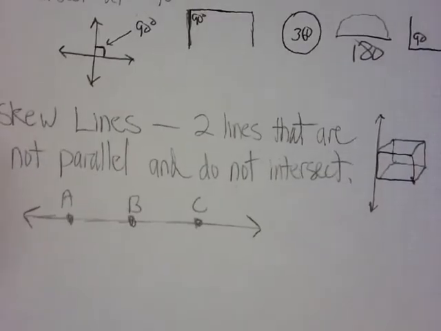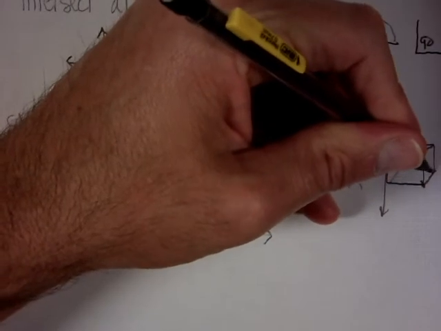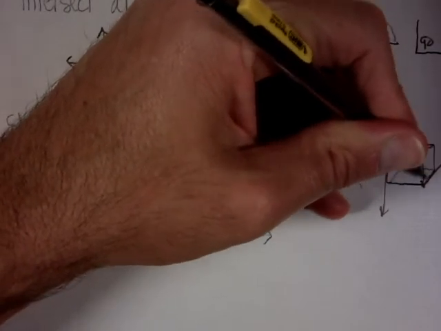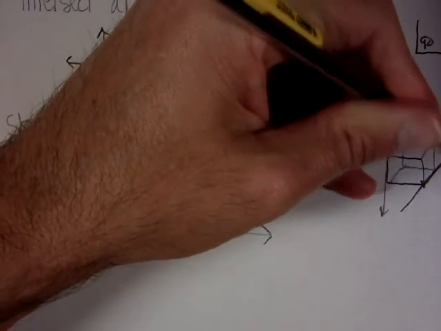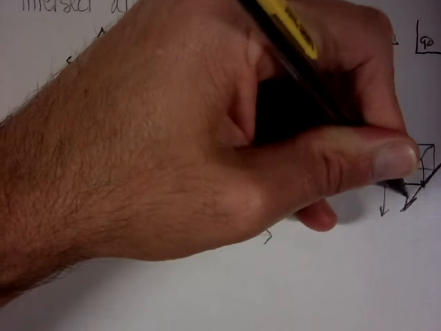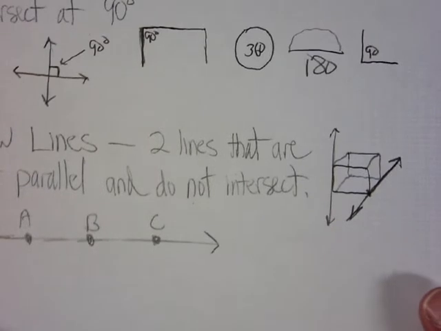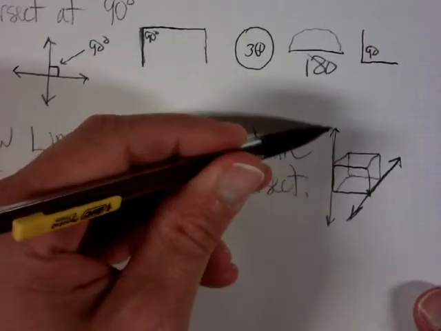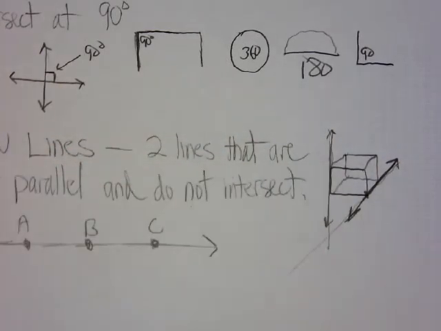And let's say I take the line that runs through the bottom right side of the box, this one. So these two lines are not parallel and they do not intersect, because this line goes straight down and then this line comes straight out toward the front. They never cross and they're not parallel. So that would be an example of skew lines.